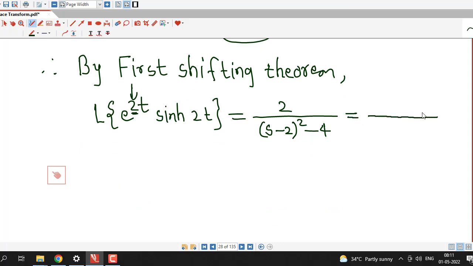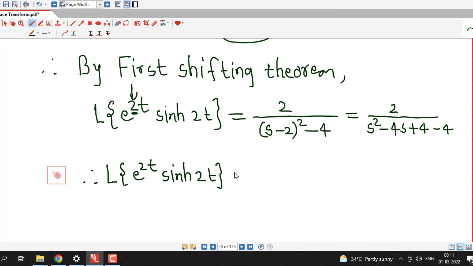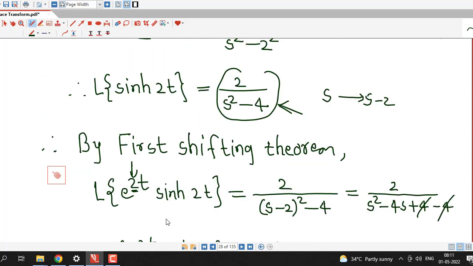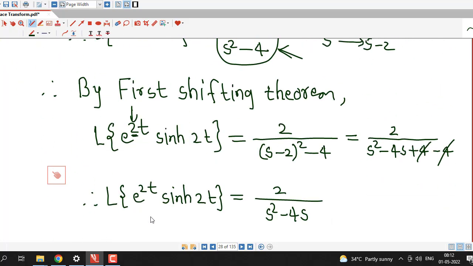We can expand the square of s minus 2, that is s square minus 2 times 2s, that is minus 4s, plus 4, and minus 4. Therefore the Laplace transform of e raised to 2t times sine hyperbolic 2t is equal to 2 divided by s square minus 4s. The 4 will cancel out, and we have the constant 5 in the product.